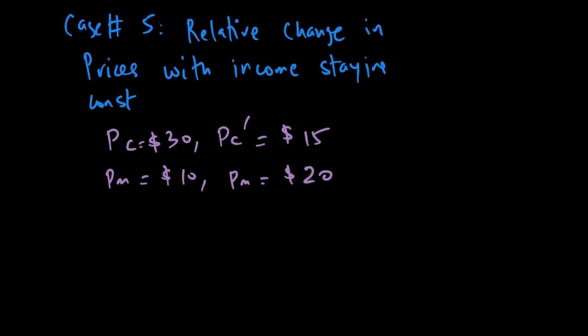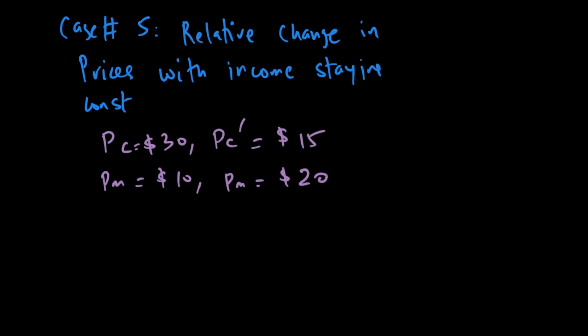So given the income has not changed, the budget line will look like this. So this is your movies on the y-axis, your concert is on the x-axis. So let me write this.